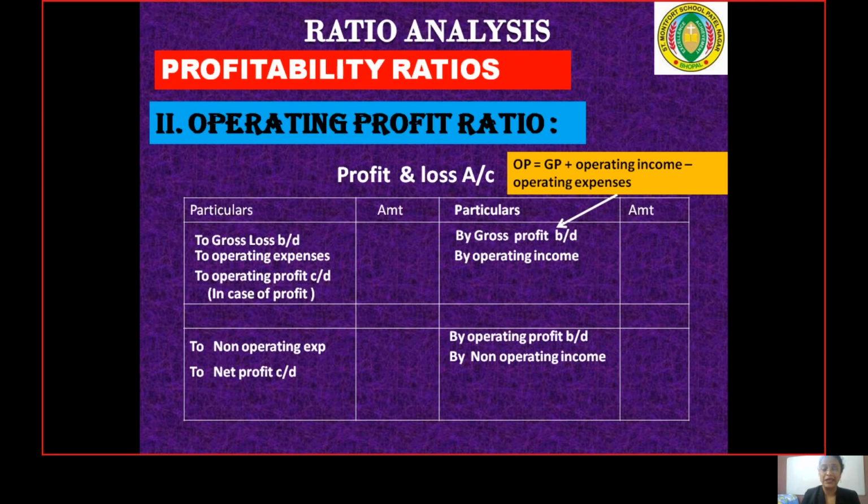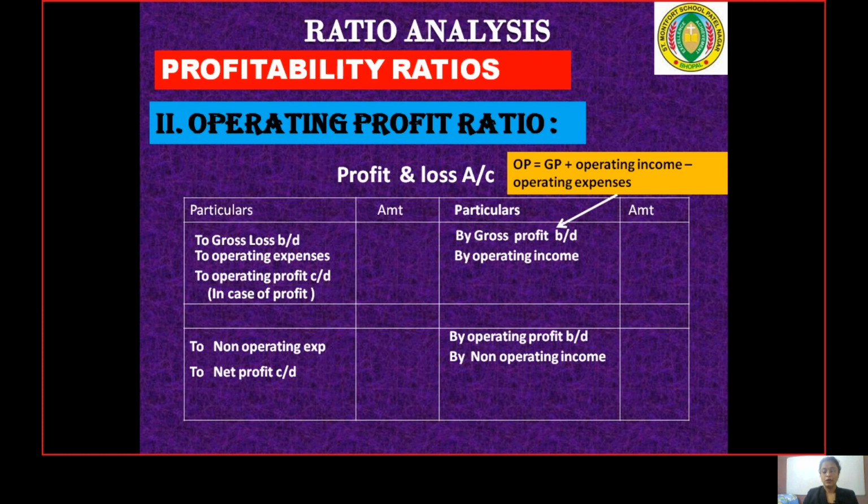And minus operating expenses. Why are operating expenses deducted? Because they're on the debit side, which is opposite to that of the gross profit. Hence the formula for operating profit is equal to gross profit plus operating income minus operating expenses.